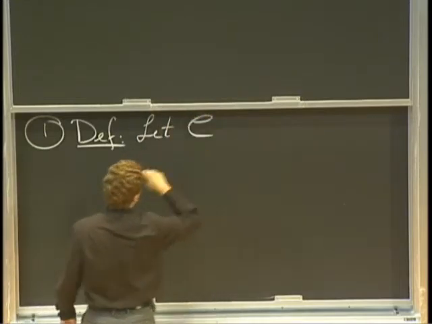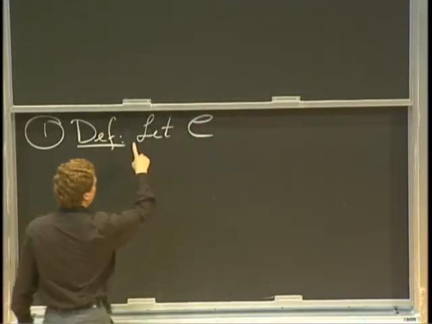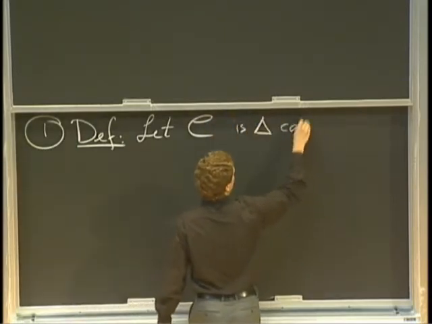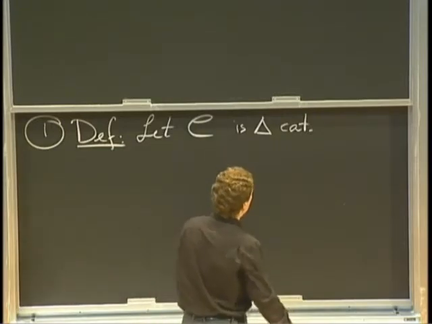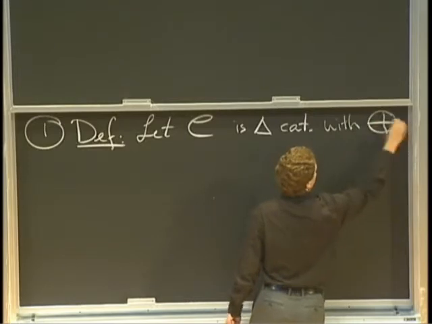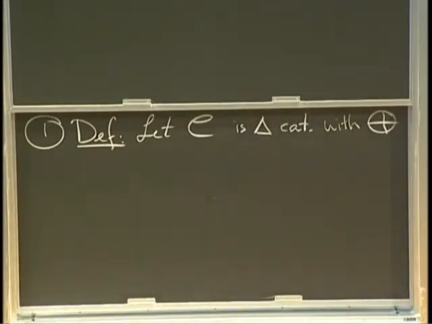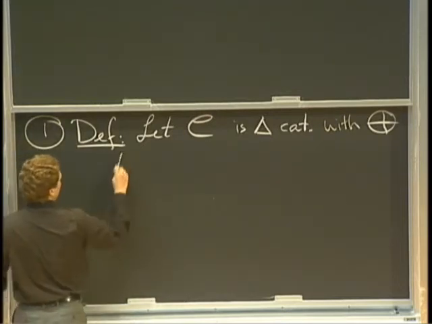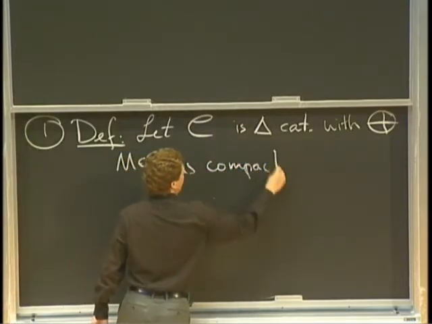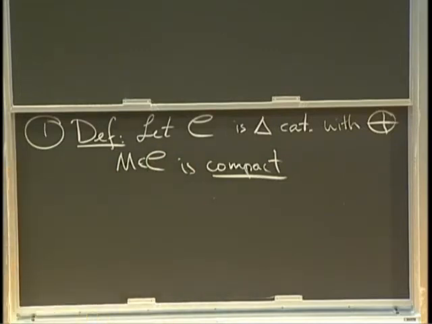Let's suppose that C is a triangulated category with direct sums. We all know they have finite direct sums, so this just means infinite. Then we say that an object in this category is compact if Hom from it respects infinite direct sums.